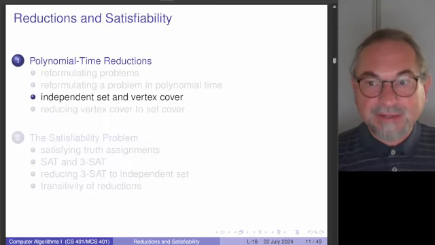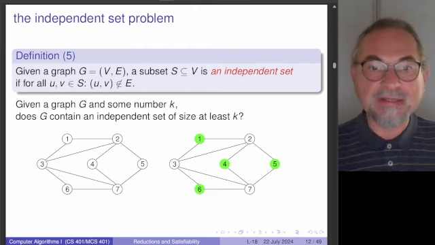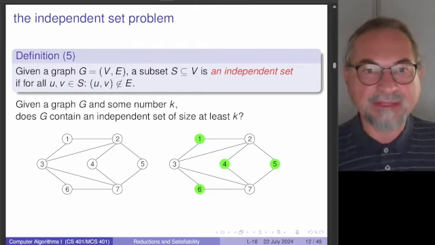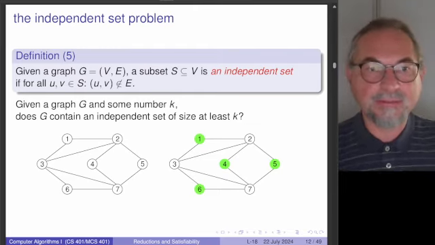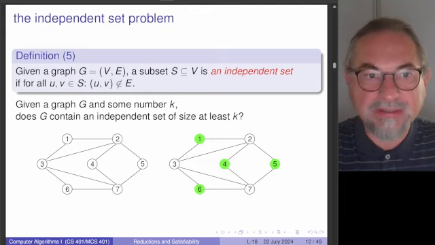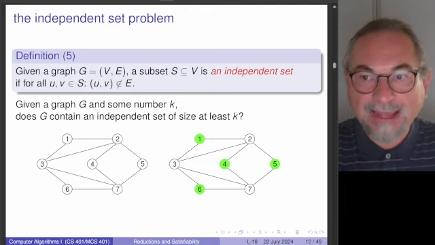Okay, so let's now look at an example. We have introduced terminology. The first example is the independent set problem. If we have a graph defined by vertices and edges, then a subset of the vertex set is independent if for all the elements in the set there is no edge between them.